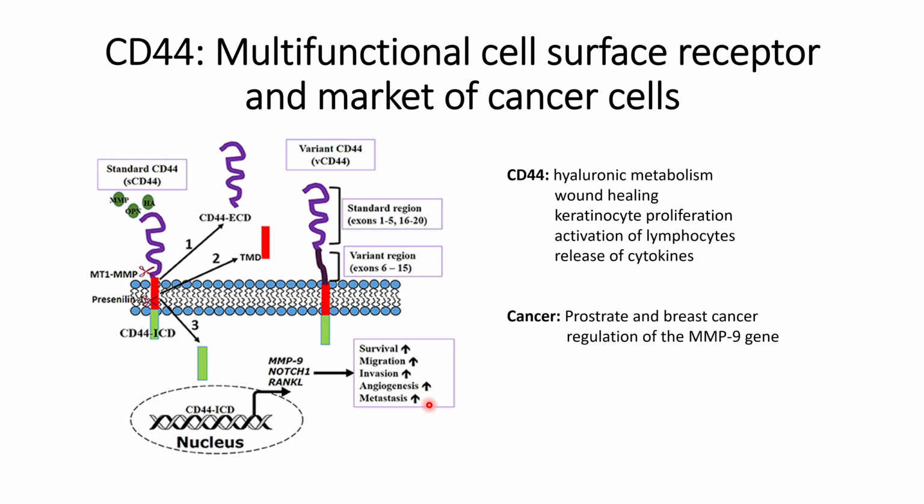And it also helps in angiogenesis, that is movement of blood to other parts of the cell. So this ultimately will promote metastasis. And the other factors are also mentioned, that is survival, migration, invasion. So all this will help, or we can say promote, the cancerous cells to move and spread across different parts of the body.